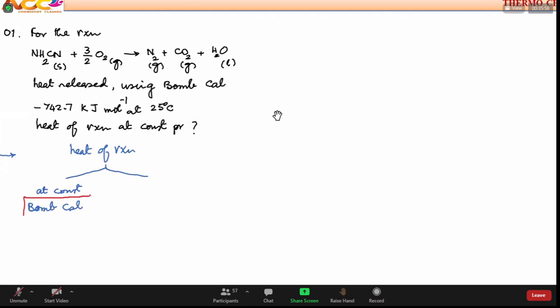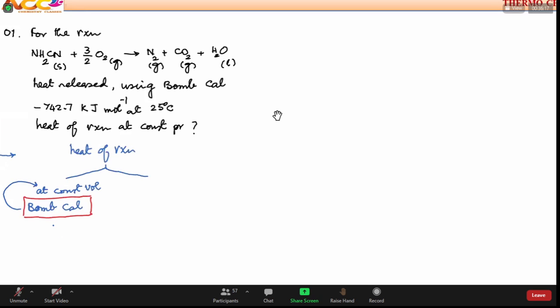Just now I said that roll number 1 has taken 1 mole of solute and goes on adding water and measures how much energy is released, using this instrument known as a bomb calorimeter. A bomb calorimeter always functions at constant volume.